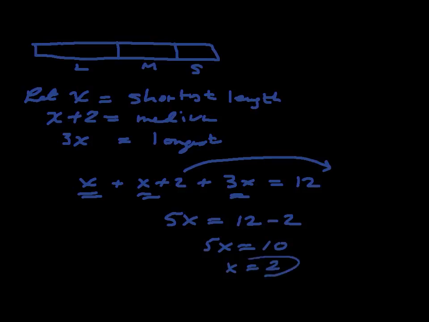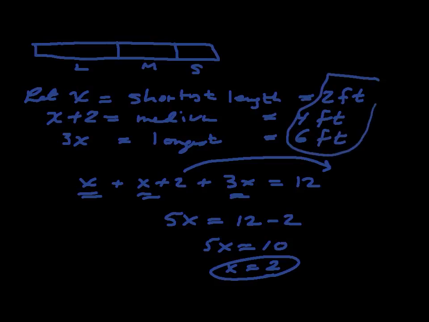So X is going to equal 2. You don't stop there. You go back to your question. In your answer, the shortest length would be 2 feet, because X is equal to 2. The medium piece is 2 plus 2, so the medium piece is 4 feet. And the longest piece is 3 times X, or 3 times 2, which is 6 feet. And that, of course, all adds up to give you 12 feet.